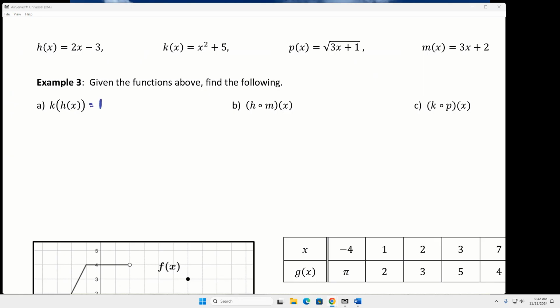And so for A, I'm going to take h, which is 2x minus 3, and I'm going to plug it into k. And everything that I put into k, you have to square, and then add 5 to.